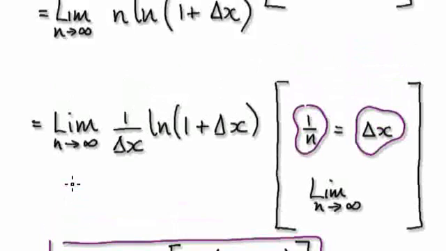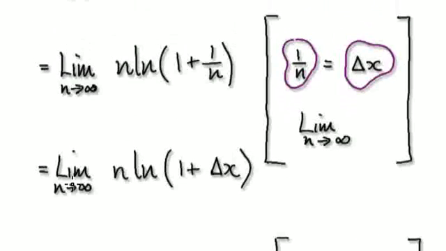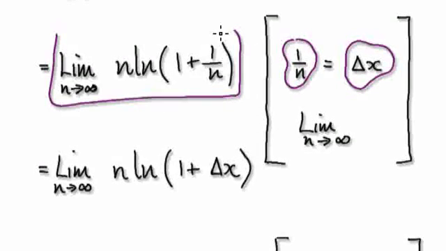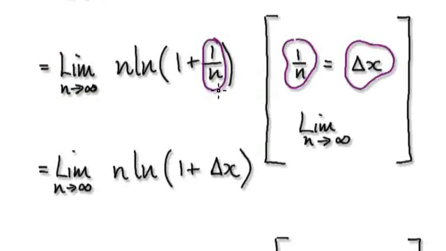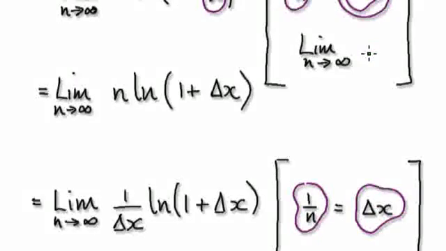Okay, so hang on, we were here. I want to translate this into a form that you would later recognize. We want to rewrite this here as delta x, but then we have to change this n here to 1 over delta x.